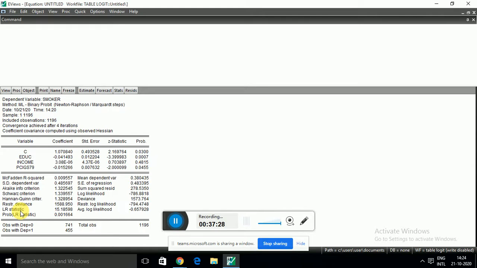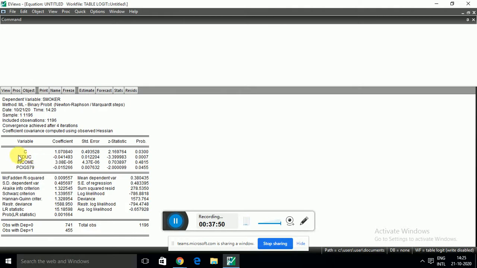This LR statistic is basically the equivalent of the F-test statistic that we see in multiple regression. If the LR test statistic is significant, which we are seeing is indeed the case because the p-value of the LR statistic is 0.001, it is significant at the 2% level, which means that the unrestricted model is needed.